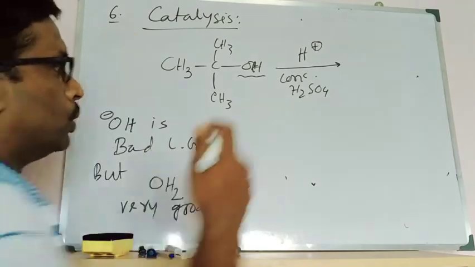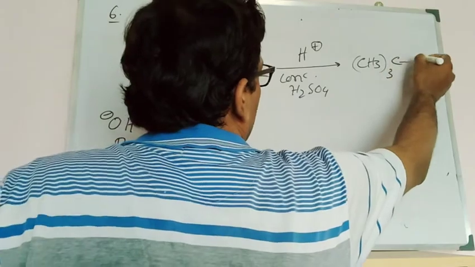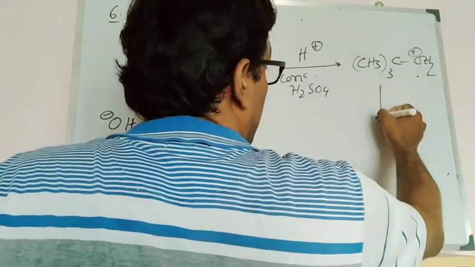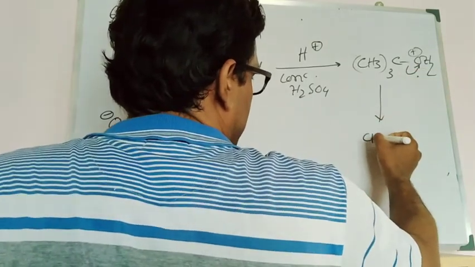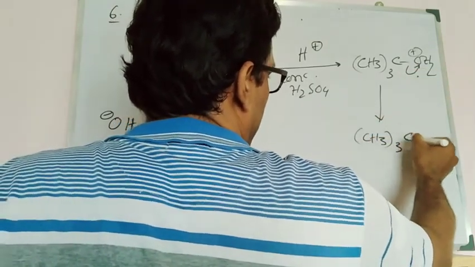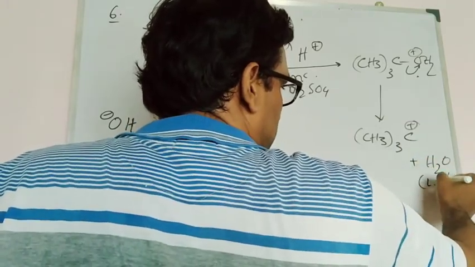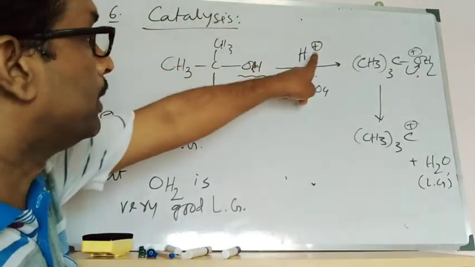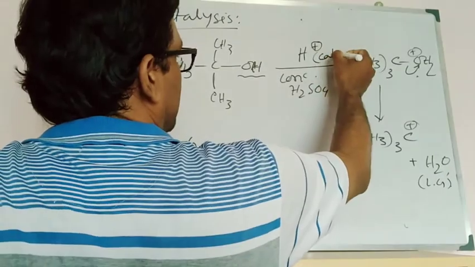Then it will go to here, that is (CH3)3C-OH2 plus. Understand? Now it can leave very easily, that is (CH3)3C plus and water. It's a very good leaving group. So to make the OH a good leaving group, this one acts as the catalyst here. Yes or no? This one acts as the catalyst.